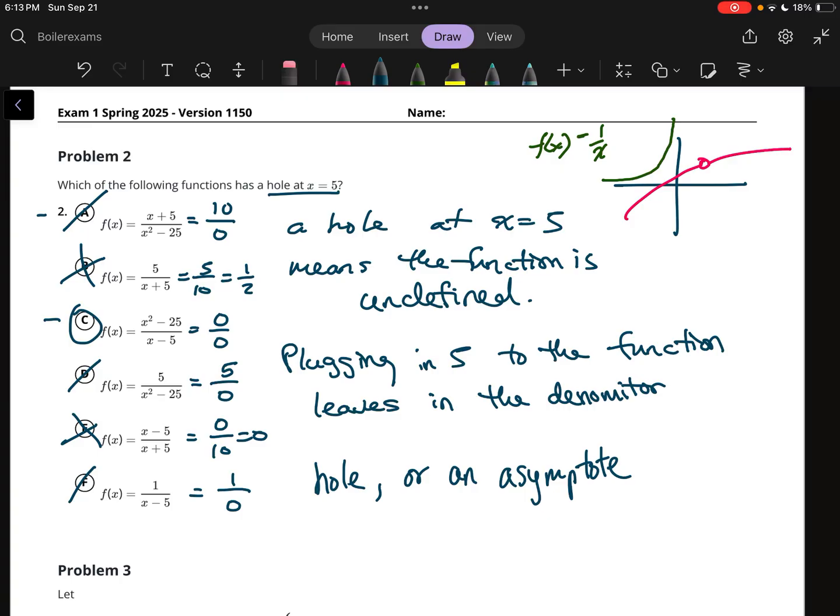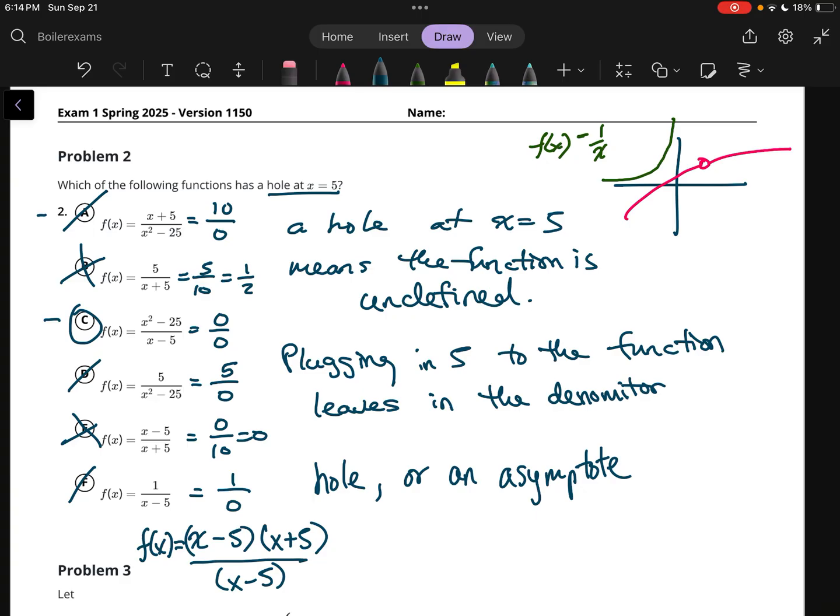And we can see this by factoring the function. I want to show why C results in a hole and not an asymptote. So if I factor the numerator, I get x minus 5 divided by x minus 5.